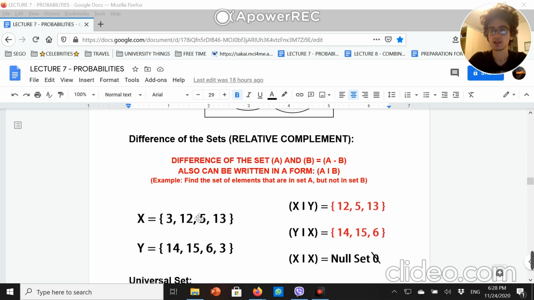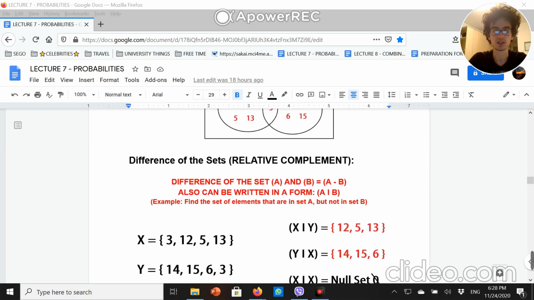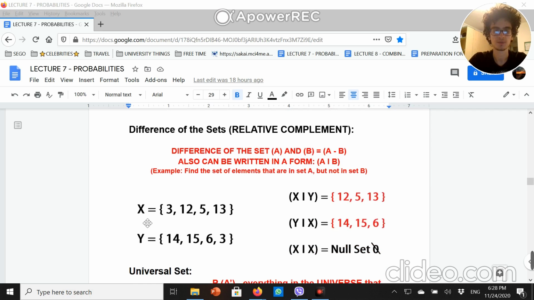So let's find it for these two sets, which are exactly the same sets that we used in the previous example. Once again, for X we have values 3, 12, 5, 13, and for Y we have 14, 15, 6, and 3. Let's find the set of elements that are in set X but not in Y. So X minus Y. The 3 and 3 cross each other out.